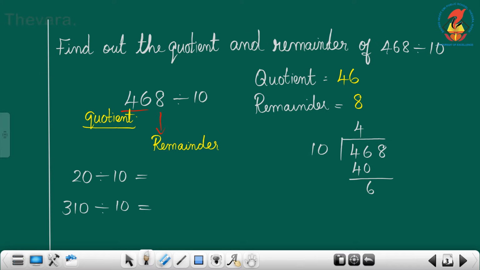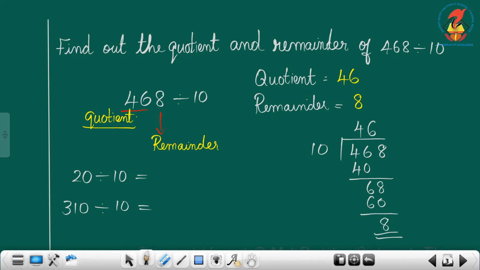Okay. Then take the next digit, bring it down. In the tens table, how many times does it go into 68? It's 6 times only, 60. The remainder is 8.